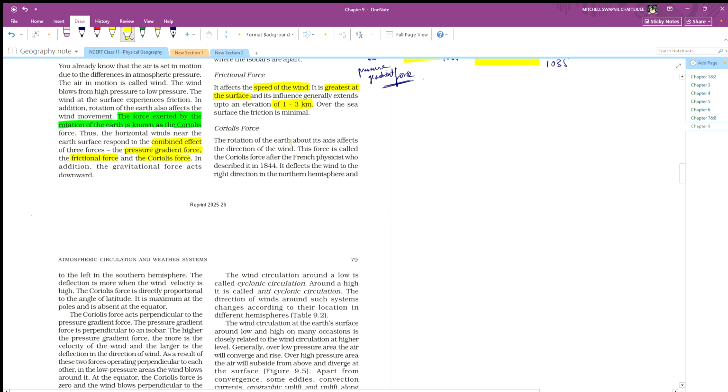Coriolis force. The rotation of the Earth about its axis affects the direction of the wind.